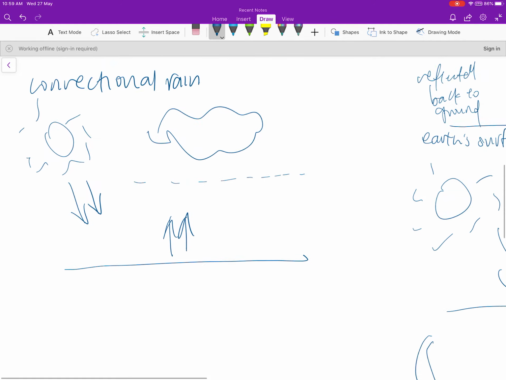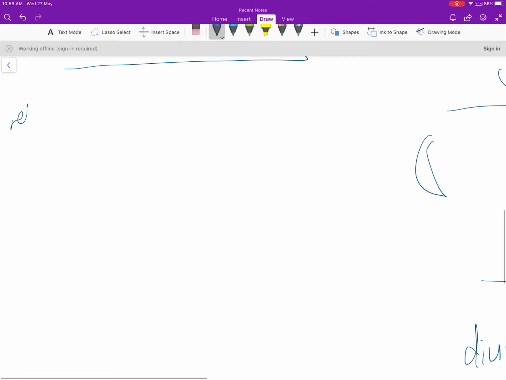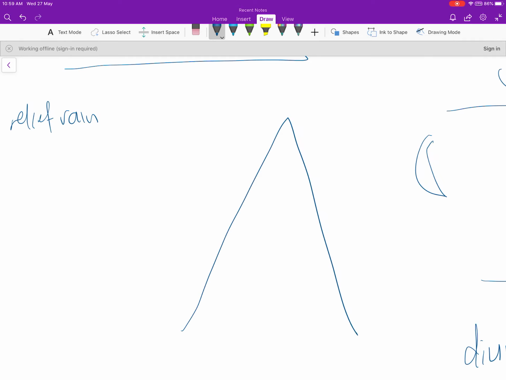Next, talking about relief rain. For relief rain, it is like this. Relief rain only most of the time occurs with a mountain. So there's a cloud here, this is the sun, and the prevailing wind direction is this side in this case.